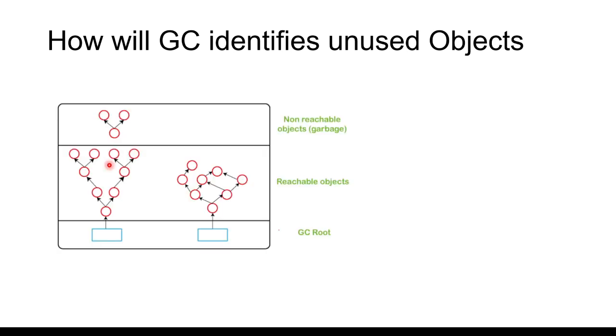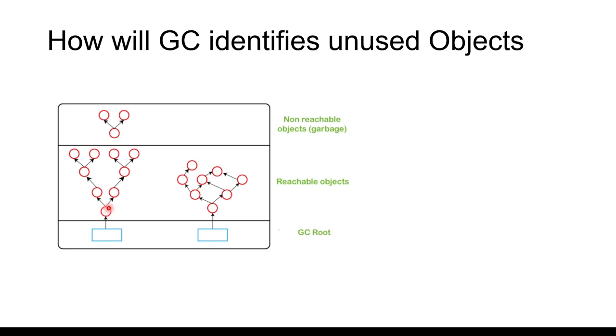Here, if you see, we have a GC root. From the root we can traverse through all the objects. From the GC root we will traverse through all the objects and mark all the reachable objects as live objects.